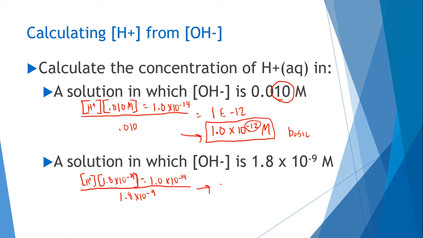You're going to get 5.5 repeating, so you can put 5.6 because we need 2 sig figs, times 10 to the -6, and this is going to be in molarity. Since I found my H plus concentration, I can look at my exponent here, and this is going to be considered acidic because this number is greater than -7.